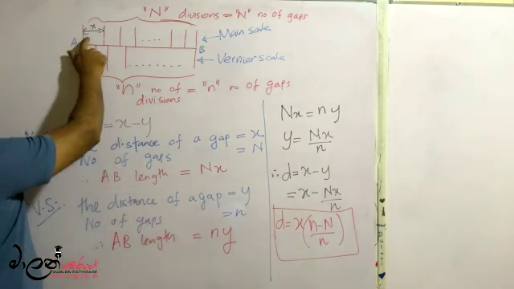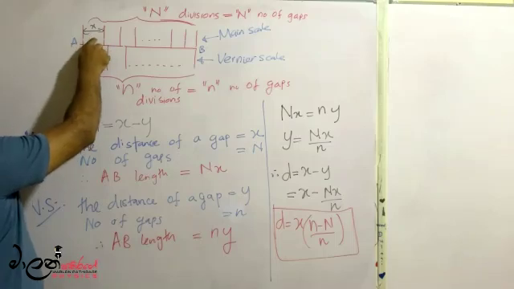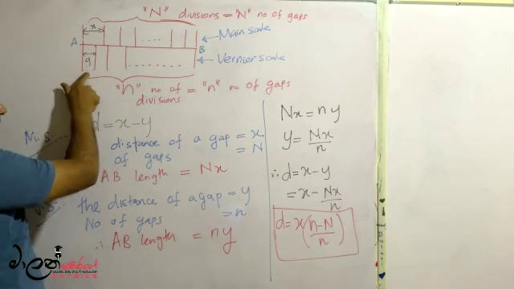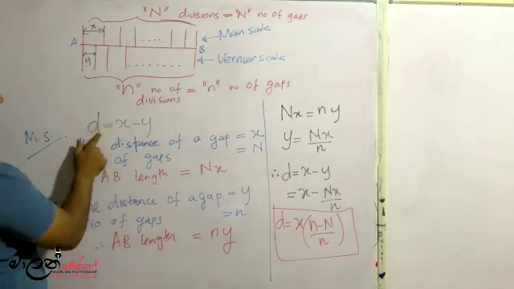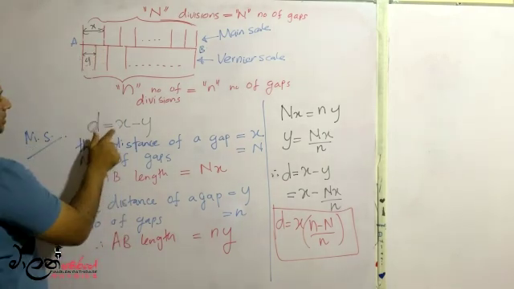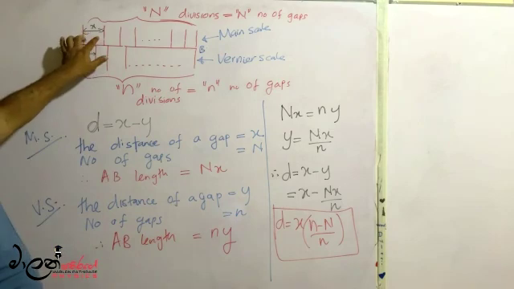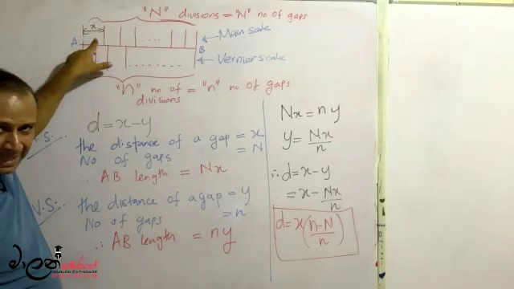Okay, look at this one. The value of a gap in the main scale is x. The value of a gap in the vernier scale is y, and therefore the least count d is equal to x minus y. The gap between two consecutive marks in the main scale is x.